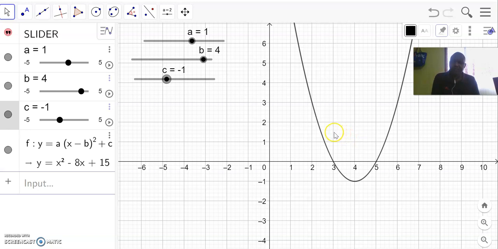Therefore, I urge my colleagues that this is an area that we need to venture on. So sliders are very key. This is only part of the areas where we are using sliders, but we are going to discuss more in other particular areas. Thank you.